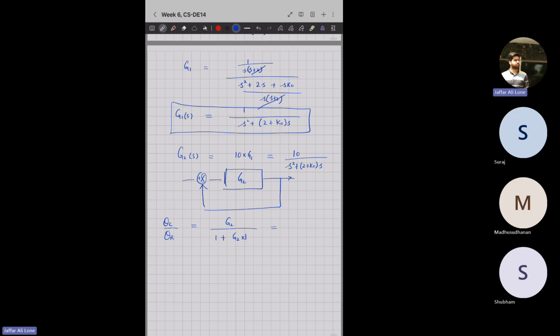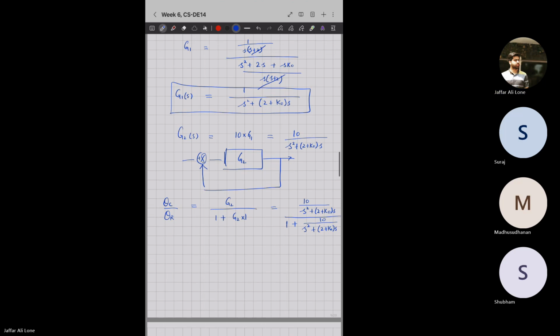So when we solve it, we get 10 divided by s square plus 2 plus k naught into s, divided by 1 plus that, which is 10 divided by s square plus 2 plus k naught into s plus 10.